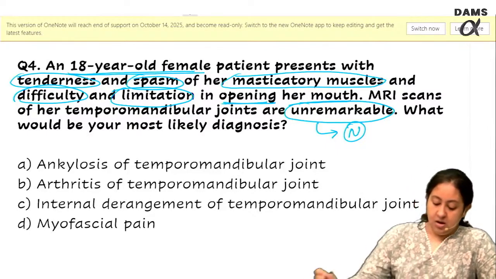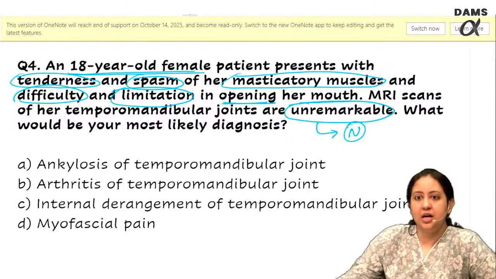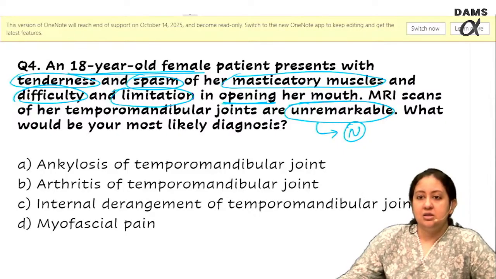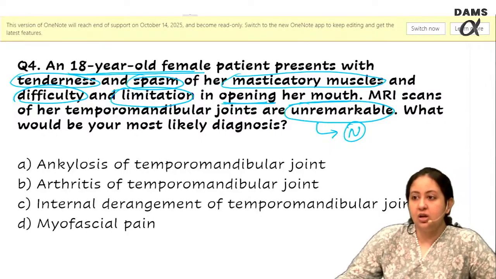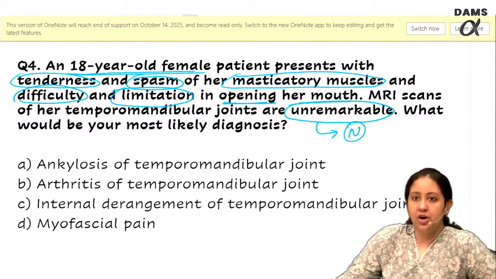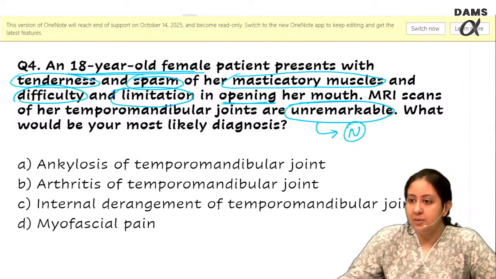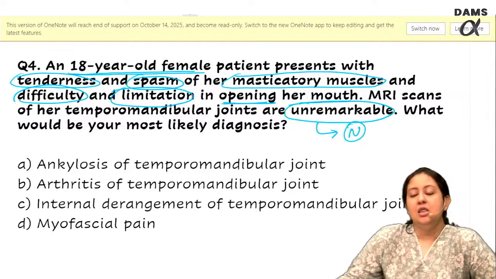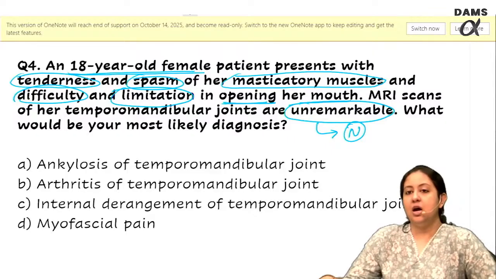So it is definitely not a temporomandibular joint problem because they will have some radiographic findings. It is definitely not arthritis because there also there will be some radiographic findings. It is also not derangement of the temporomandibular joint because in that case the disc would not be in a normal relation to the condyle or the glenoid fossa.